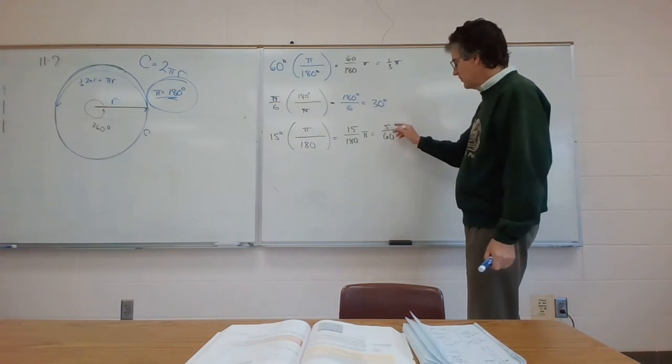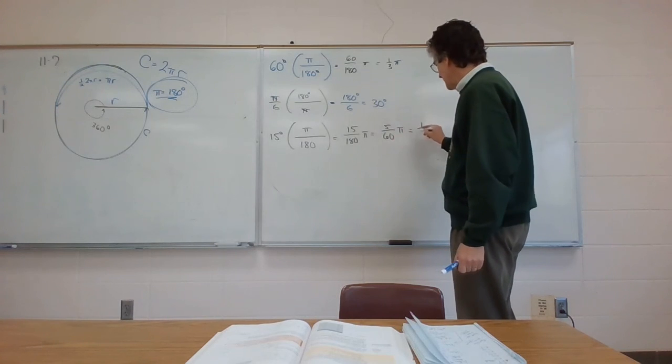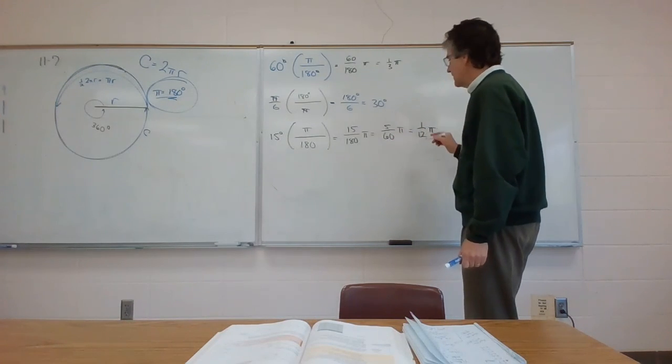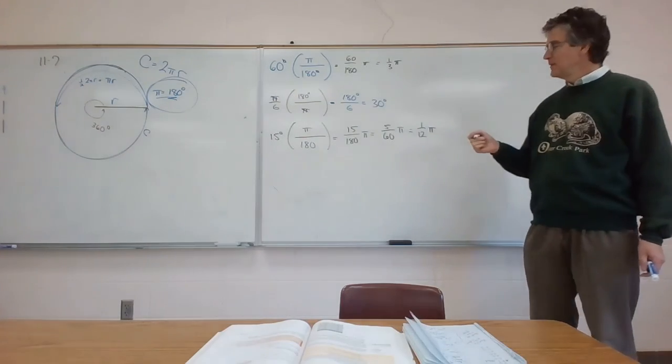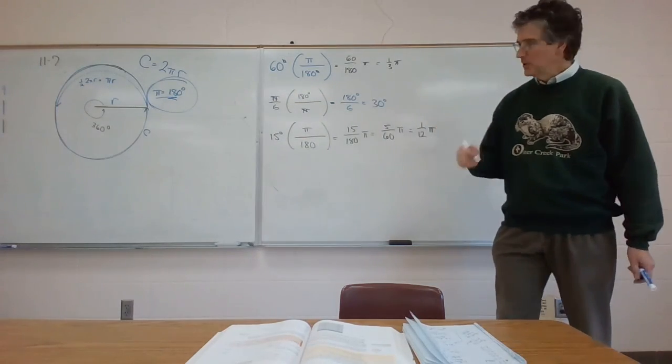Then 5 will go into 60 12 times, so that's 1/12 pi. So 15 degrees is 1/12 pi. I'll check my answer in the book in a minute.